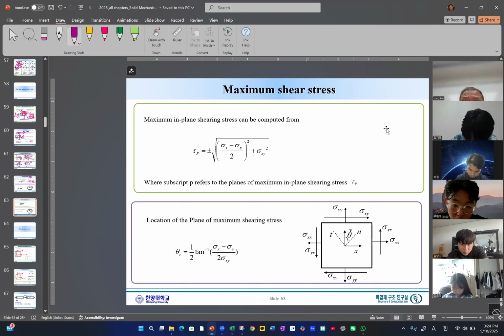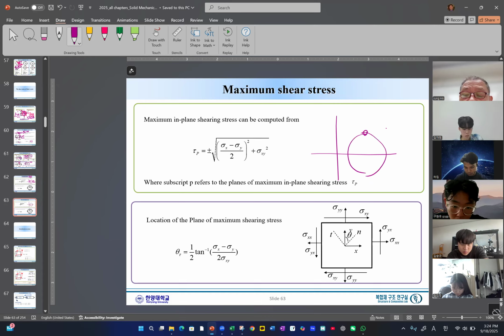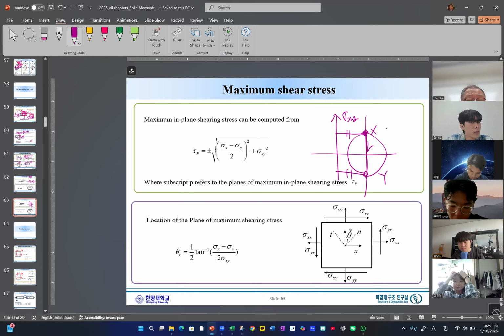And maximum shear stress, this is the one. It is always here. This radius is the maximum shear stress. And at this point, we can say this is X and Y. Always we have the same tension stresses in X and Y, as you can see from this circle.